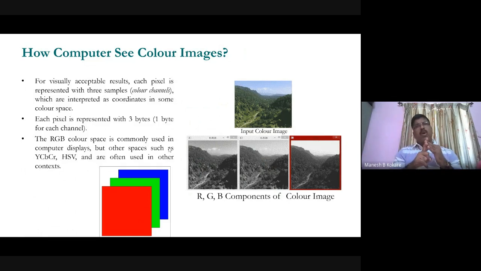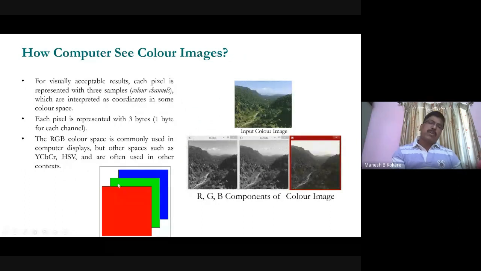Whereas the 3 primary colors of pigments are cyan, magenta, and yellow, that is CMY. These are the primary colors for printing purposes. For visualization purposes, it is R, G, and B, that is red, green, and blue, the primary colors of light.